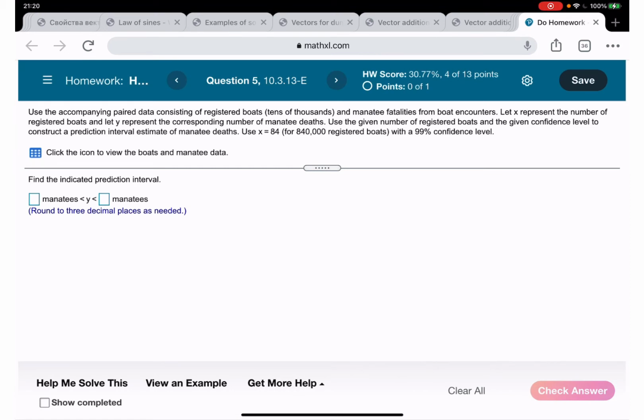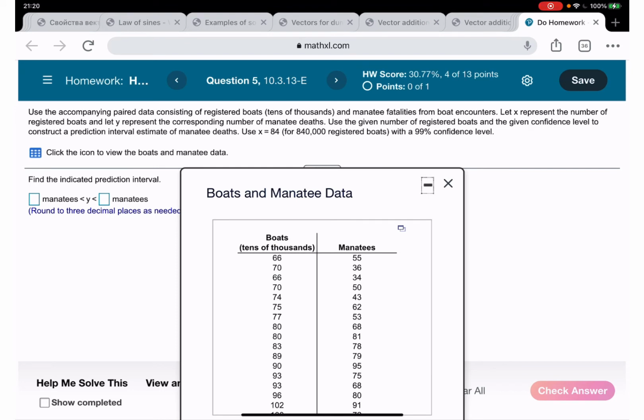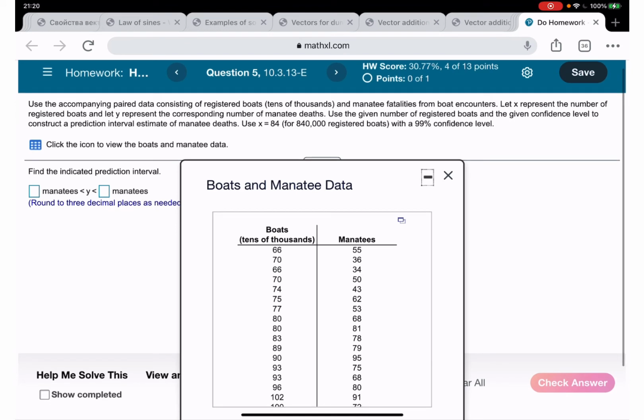What do we have here? We need to find a prediction interval, so I guess we are going to StatCrunch.